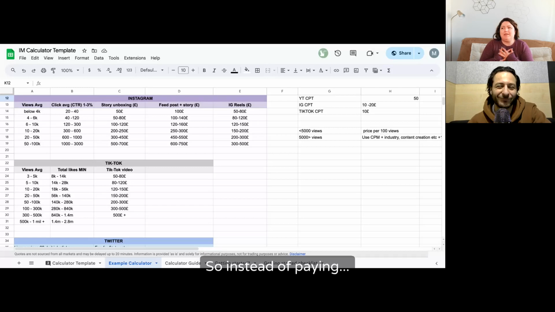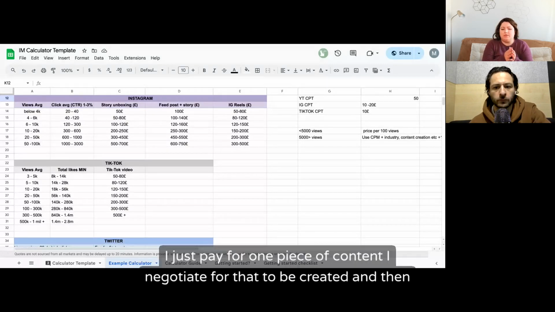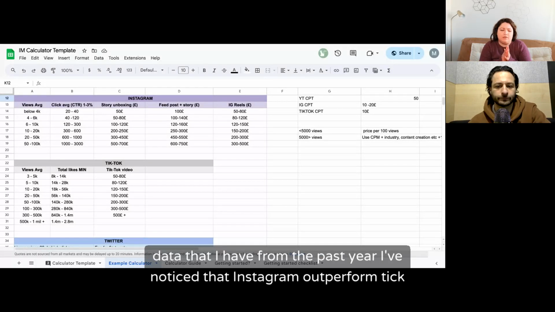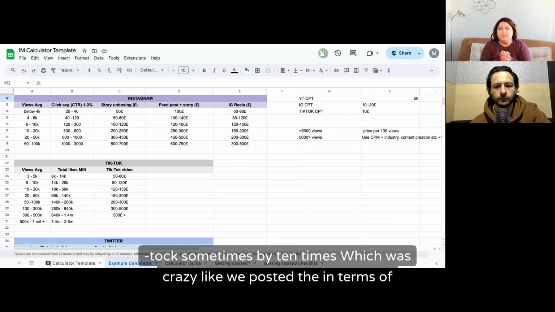So instead of paying for two pieces of content, I pay for one piece, negotiate for that to be created, and then negotiate for it to be cross-posted. That's because I've noticed in the data from the past year that Instagram outperformed TikTok sometimes by 10 times, which was crazy.